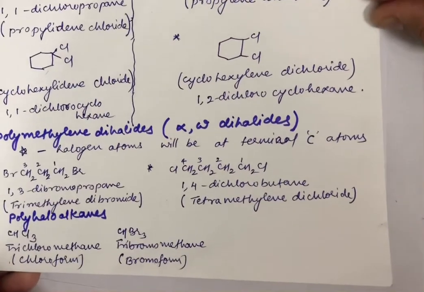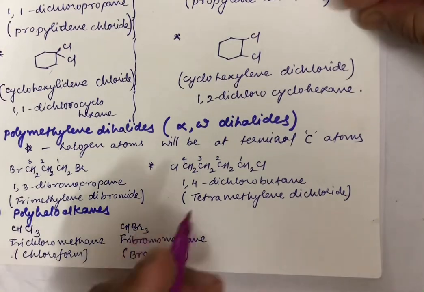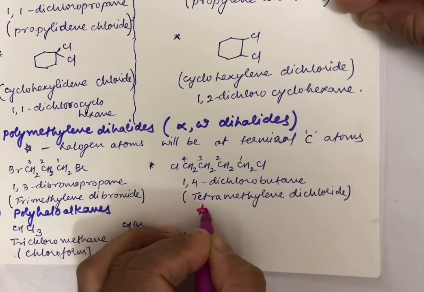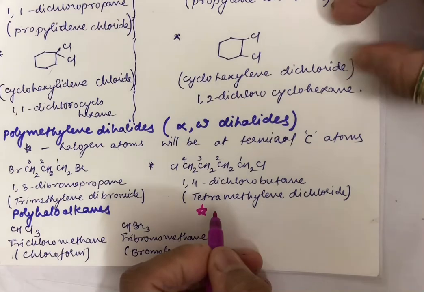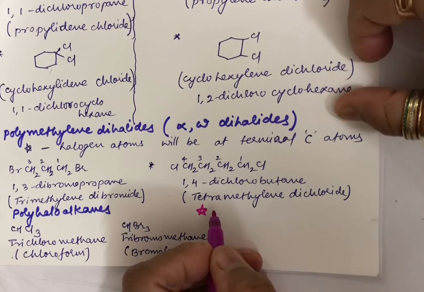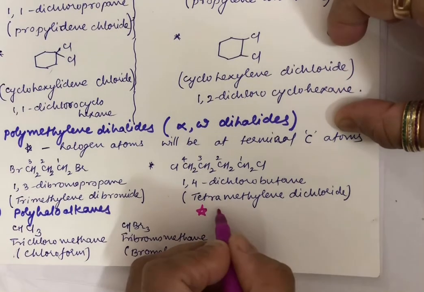Now students, I wish to discuss a further very important thing in this context: fully halogenated hydrocarbons are called perhalohydrocarbons.